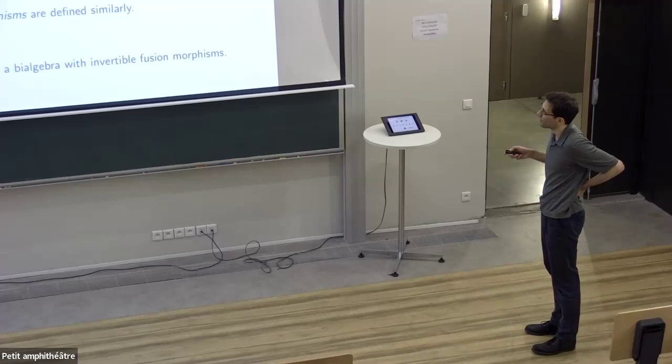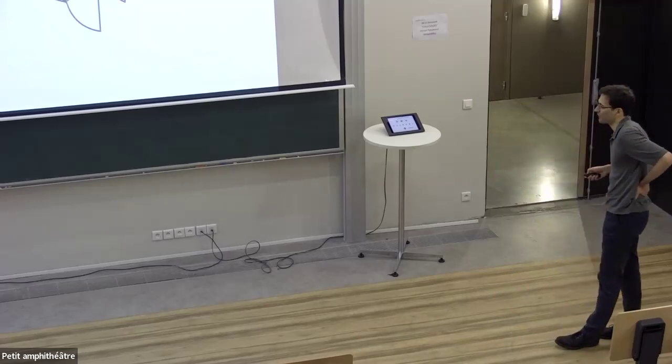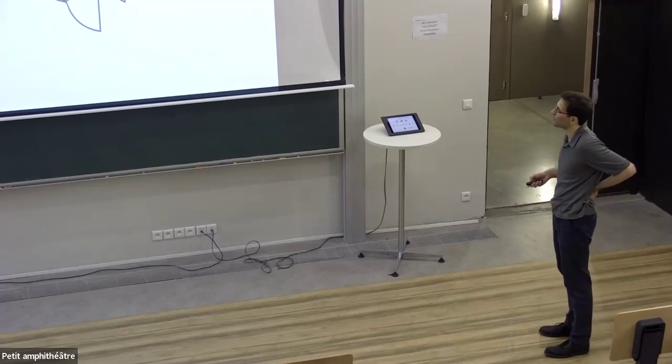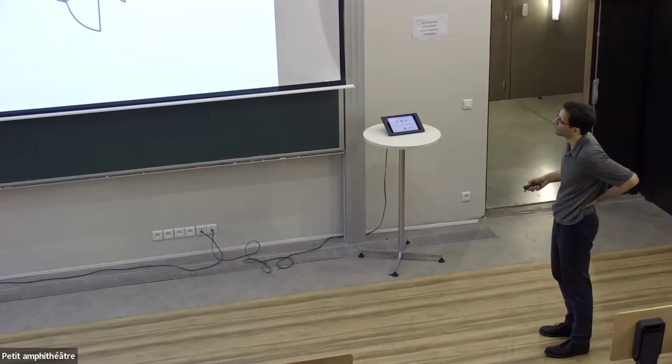I don't expect you to parse these formulae, but what you need to realize is that this is the string diagram for a fusion morphism. We draw it on top of this tuning fork surface, and this represents a natural transformation, which we can define in any bimonad. We require this natural transformation and the one where you reflect along one axis to be invertible. Then we call it a Hopf monad.